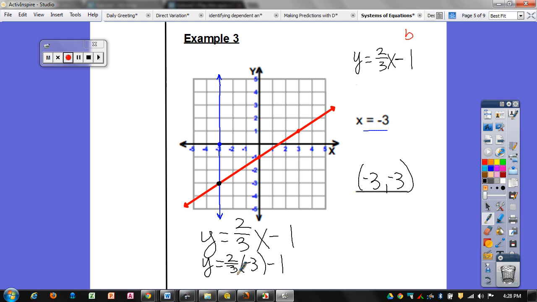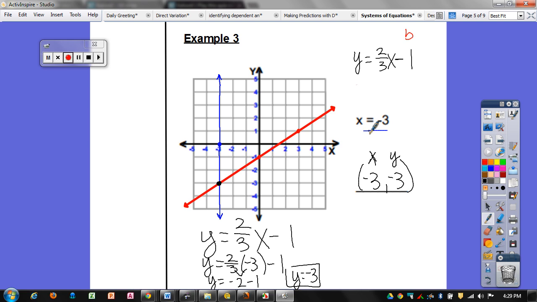When I multiply this out, I get negative 2. So y equals negative 2 minus 1, and then y equals negative 3. So if I put in a negative 3 here, my y value is equal to negative 3, and that's what I have here for my x and y values. So my solution is correct.